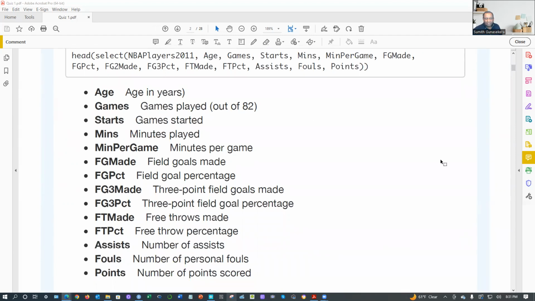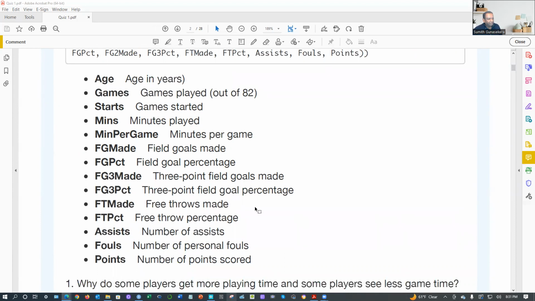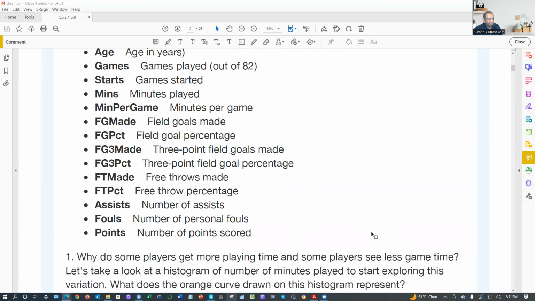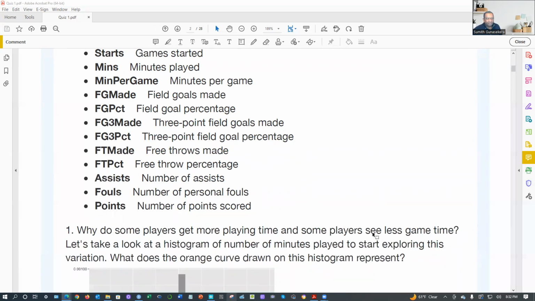So: age, game starts, minutes, minutes per game, field goals made, field goal percentage, 3-point field goals made, 3-point field goal percentage, free throws made, free throw percentage, number of assists, number of personal fouls, number of points recorded.